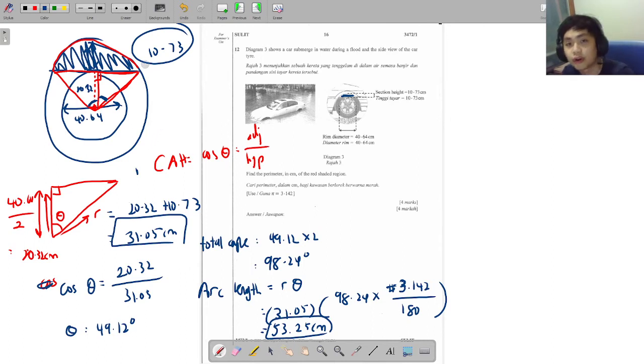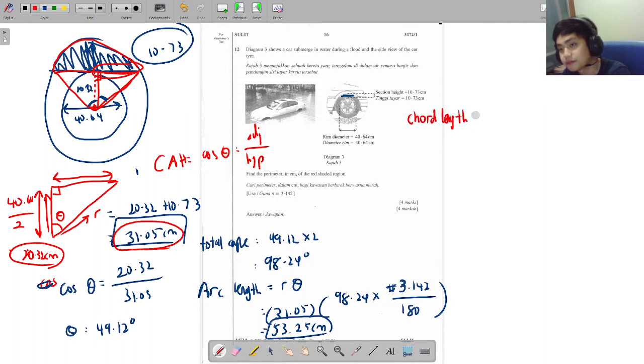Now we need to know the chord. If you notice, this triangle is still very helpful because this is actually half of the chord. See here? This is half of the chord. So we just need to find this length. We can use either a trigonometric function or Pythagoras theorem, because I know this and I know this. According to Pythagoras theorem, c squared equals a squared plus b squared.